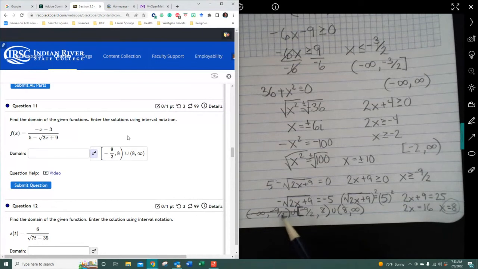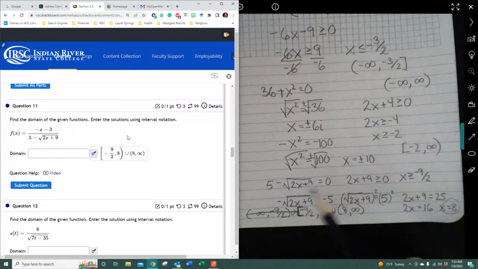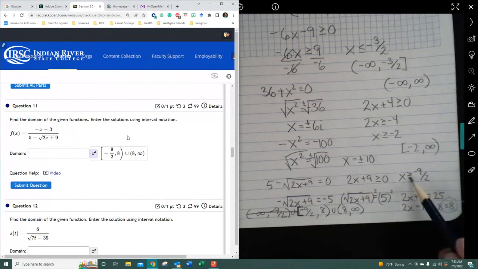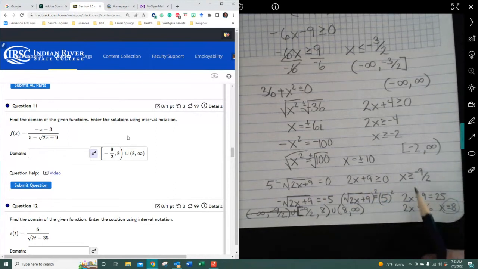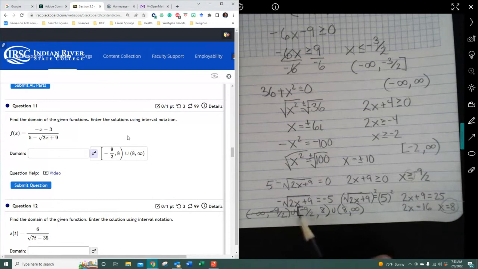And I wanted to purposely put that because we are talking about two value systems, but remembering that this has to be greater than or equal to that, not just equal to it. And I wanted to point that out. So this is why this occurs, why we don't include this. Okay, so just think about that for a second.